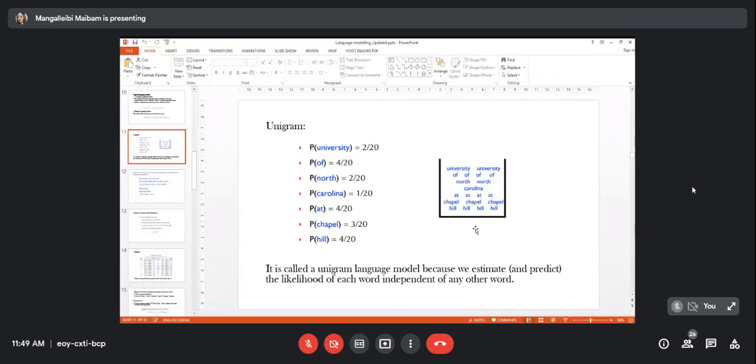That will be N, and the numerator will be the term occurrences in the collection, and the total number of terms in the collection. So for university, as you can see in the box given here, there are two occurrences of university. So the count is 2, occurrences is 2, and we have a total number of terms of 20.